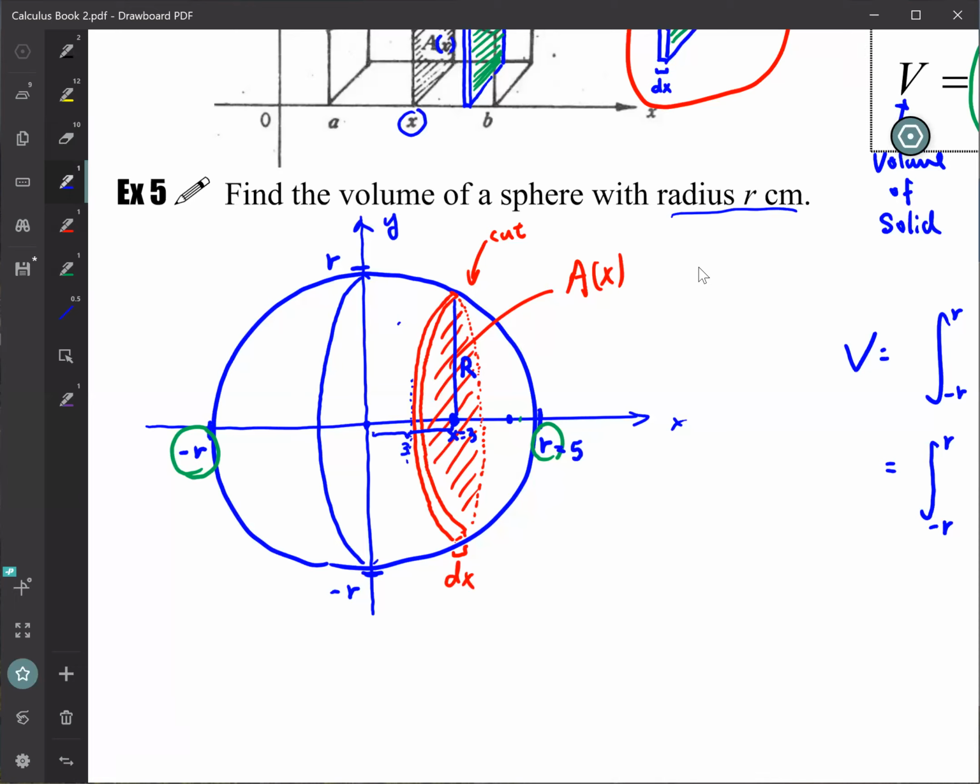Anyone? How do you find the capital R? With all the numbers that you have so far. Do you want a hint? Yes, please.